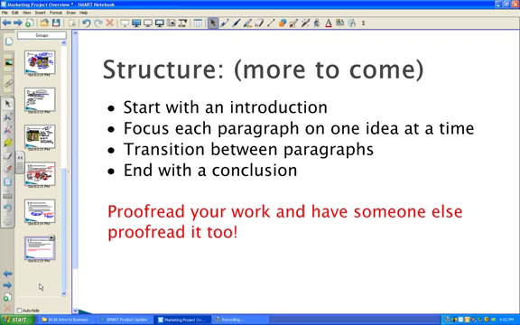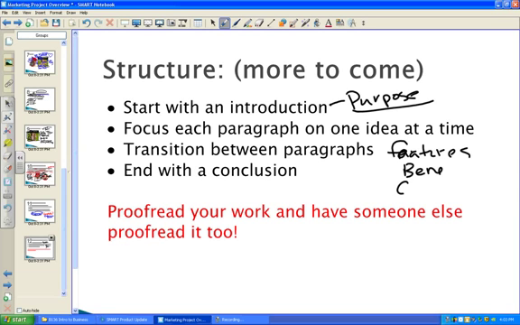You want to tell people what your purpose is for this service or product. You want to focus each paragraph on one idea at a time as you develop through your features, benefits, and customer and competitive advantage. Each one might have multiple paragraphs, but you really want to watch that transition. And you want to end with a conclusion.